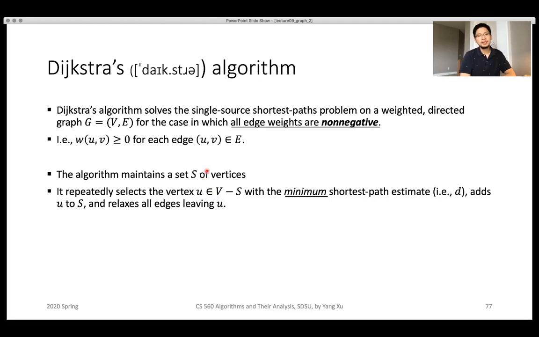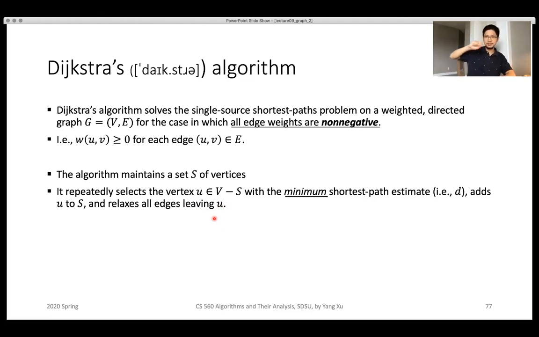So we maintain S, and the rest of the vertices is V minus S. We repeatedly select the vertex from the remaining part with the minimum shortest path estimate, the minimum d, and add that vertex to S. And then we relax all the edges that leave the vertex U. So it's quite a straightforward strategy.